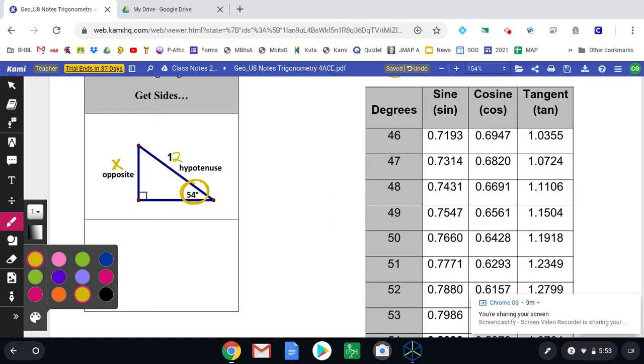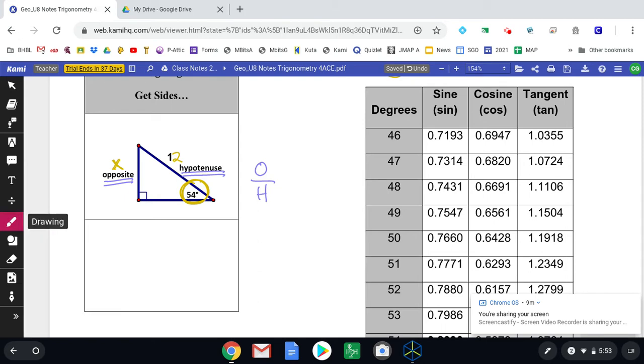So what I have is my opposite side and my hypotenuse. That's O and H. So I know that I'm going to be using the sine function. So the sine of 54 degrees equals my opposite over my hypotenuse.